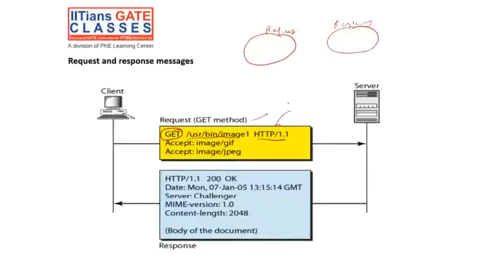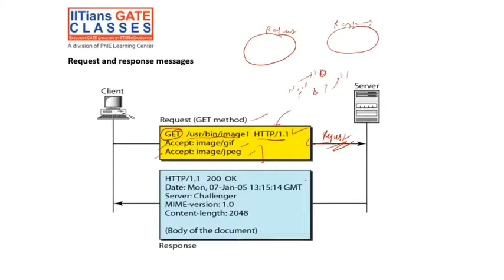HTTP requests are of two possible types: non-persistent and persistent. Non-persistent means 1.0, and persistent is 1.1. So this is a persistent request. We will see the meaning of persistent and non-persistent. Then Accept: which documents are acceptable by the client, meaning which documents the browser is compatible with. Only GIF and JPG, only these documents can be accepted by the browser. This is the request we are sending to the server.